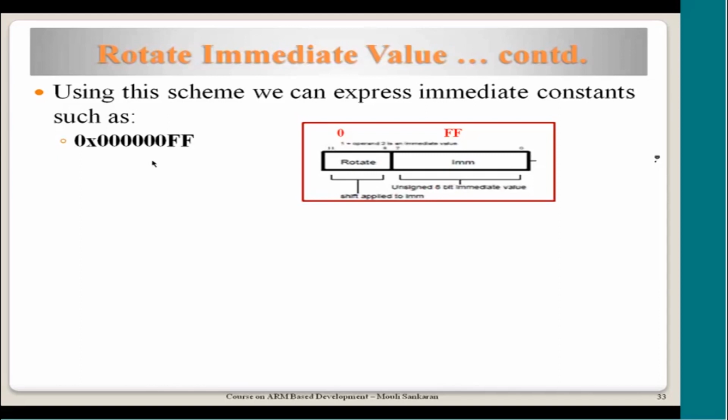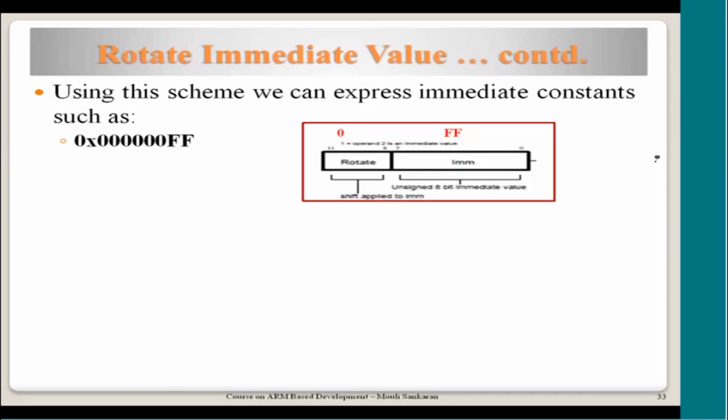Now what does the assembler do? It looks at the value and it knows that the most significant information is in this FF. Only the 1 byte of value is very important. So let me take that immediate value, that 8-bit value, into this location, and then say I want to rotate it by 0 times.